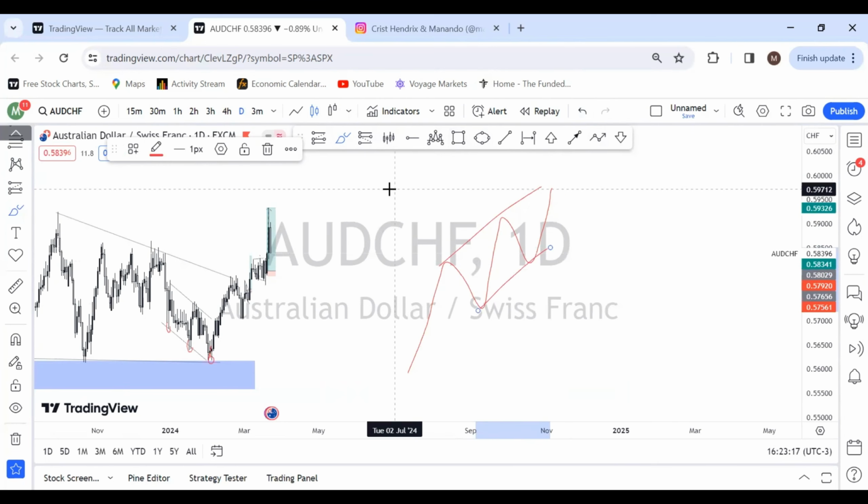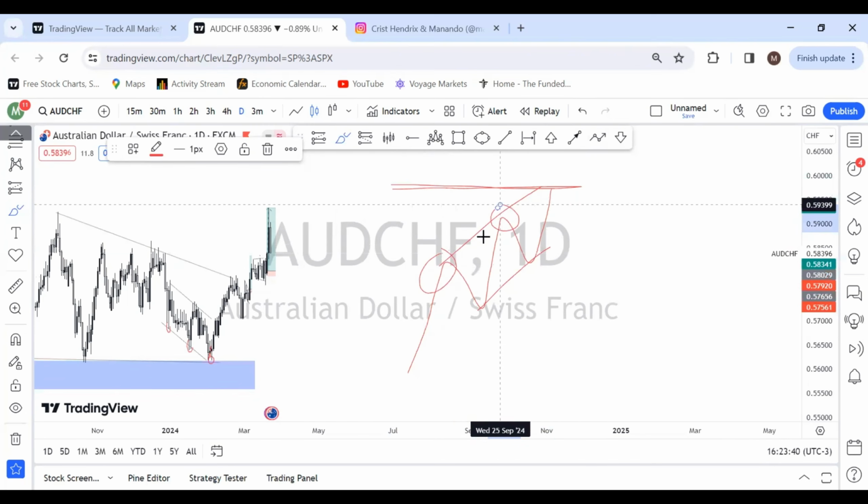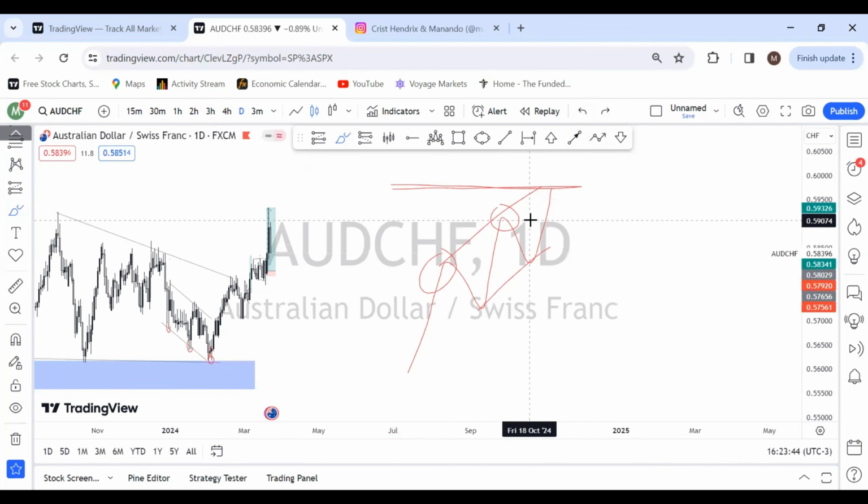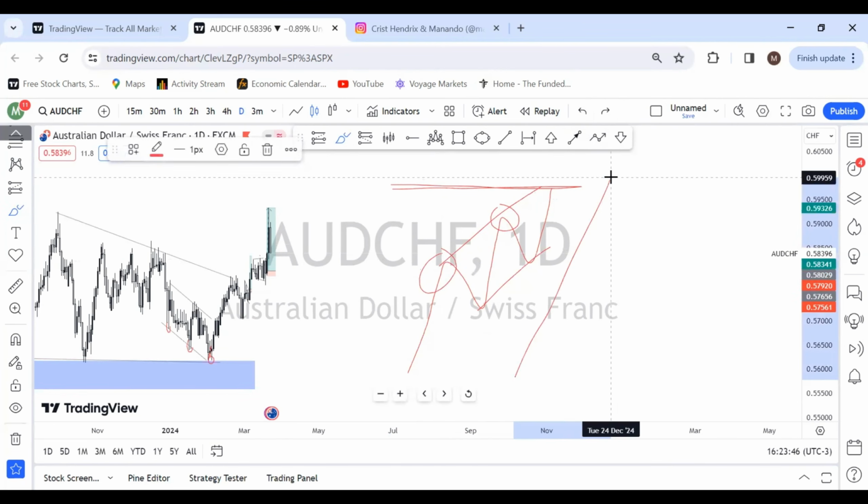Say it's trying to reach maybe a resistance or any type of zone, whether a resistance or a support, and it reaches it in this kind of manner where it's correcting, it's likely to reverse.